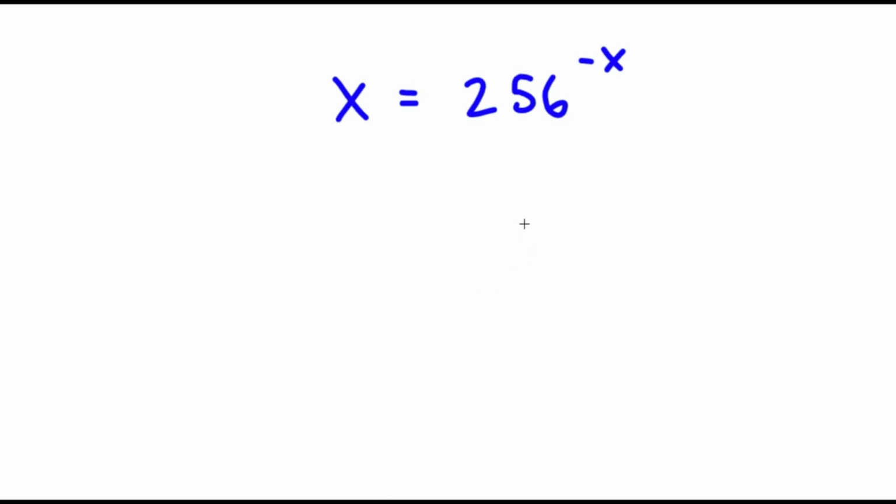Alright, so in this problem, I have x is equal to 256 to the power of negative x. To solve this, I'm going to start by taking the square root on both sides.